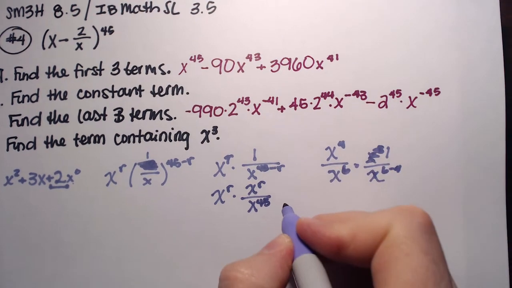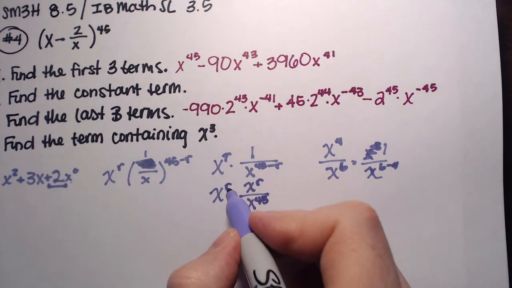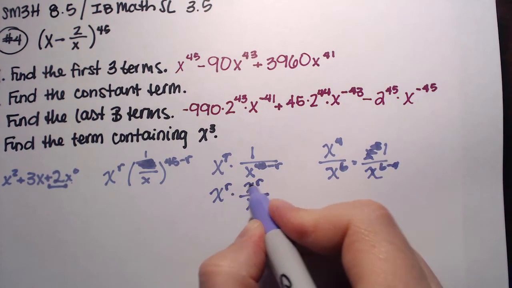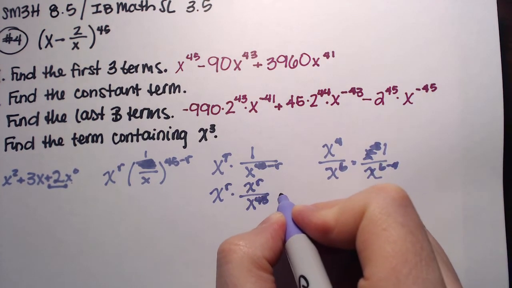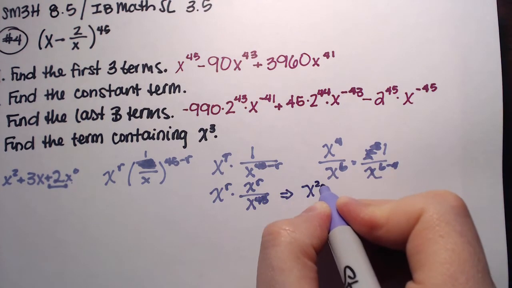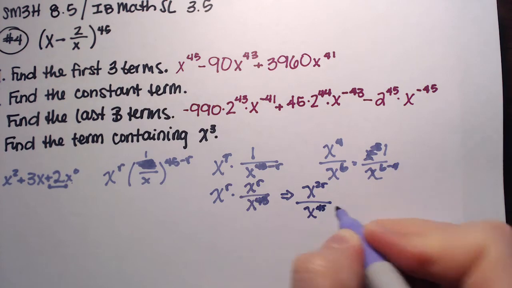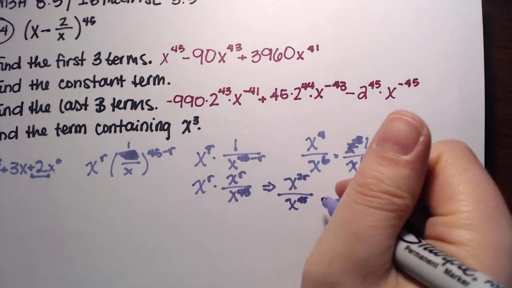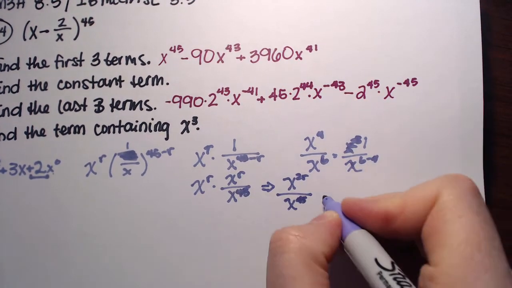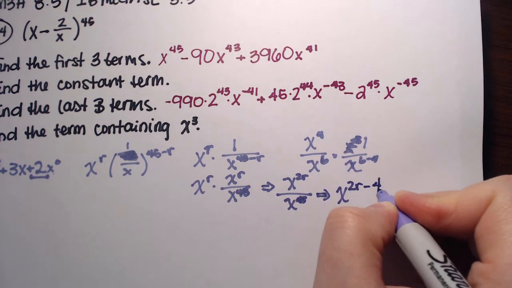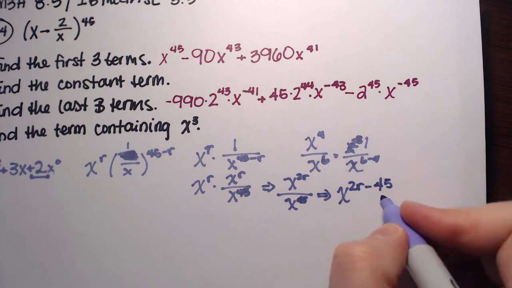So I'm going to have x to the 2r over x to the 45th. And then I'm going to write this as x to the 2r minus 45 because I can just subtract that.